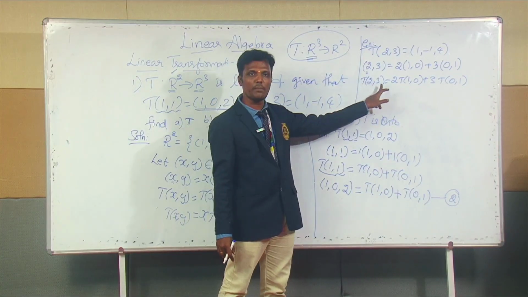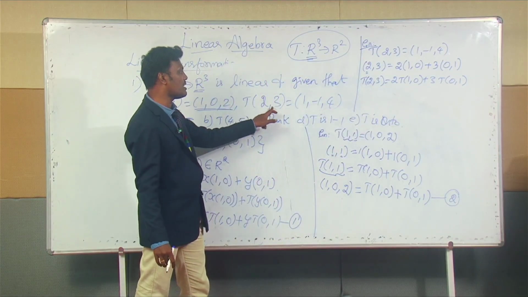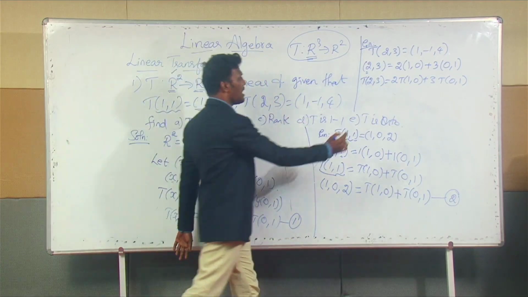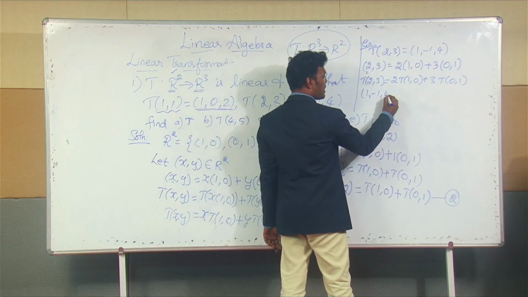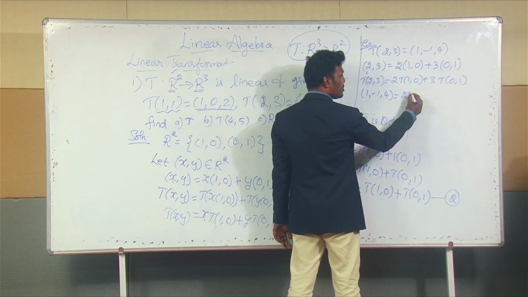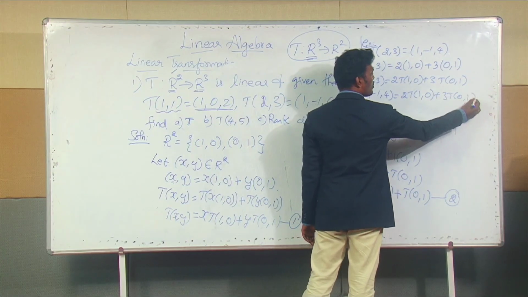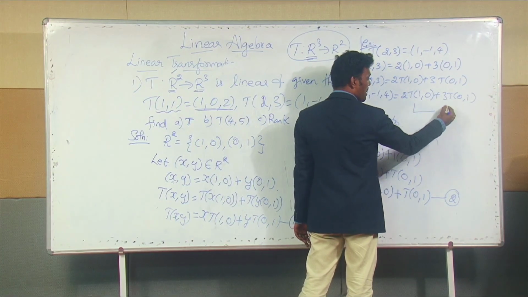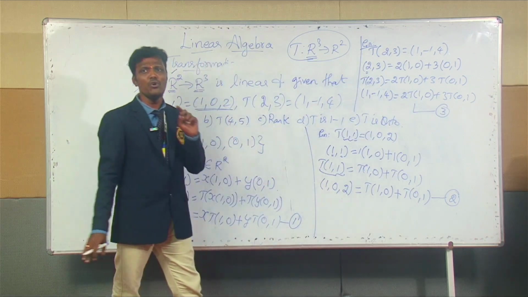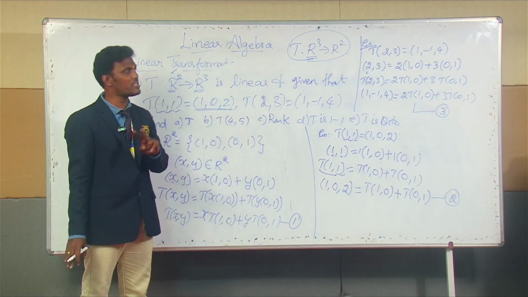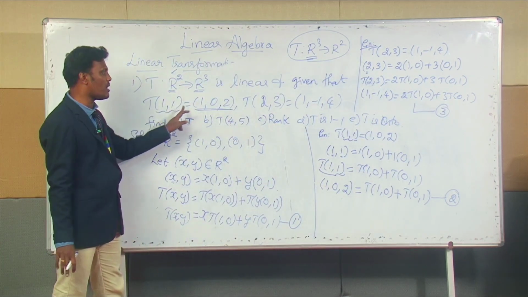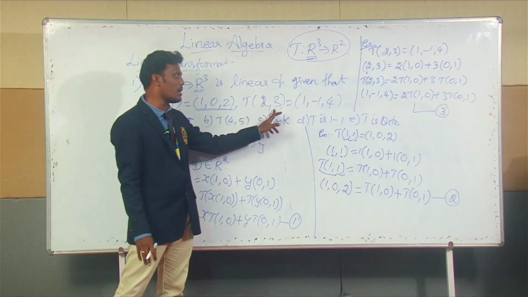What is T of (2, 3)? T of (2, 3) is given in the question as (1, -1, 4), equal to 2 times T of (1, 0) plus 3 times T of (0, 1). This is equation number 3. So we have found two expressions. The question gives T of (1, 1) as one value and T of (2, 3) as another.